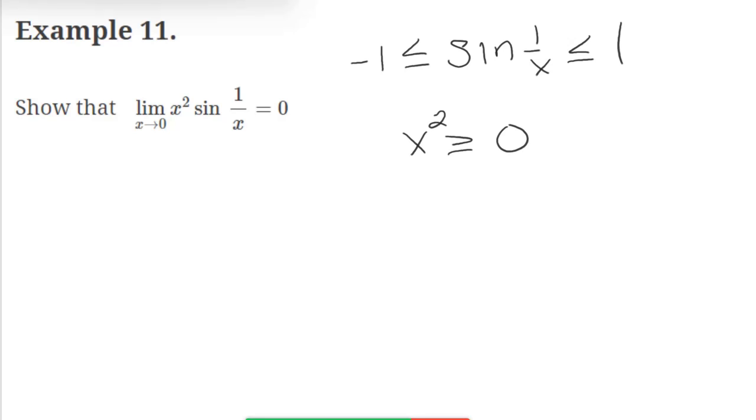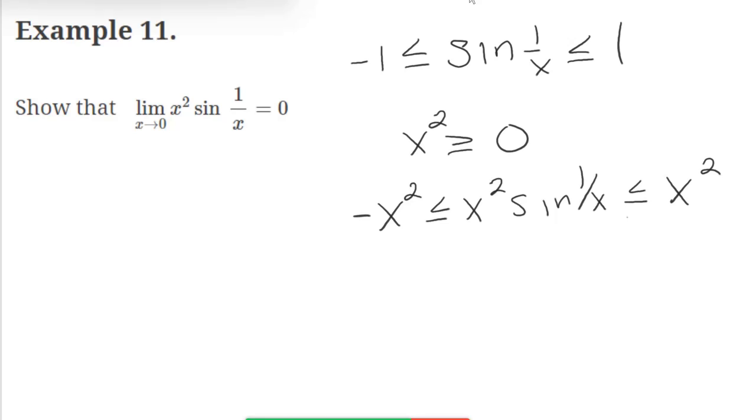If I take this problem up here and I multiply all three pieces by x squared, I get negative x squared is less than or equal to x squared sine of 1 over x, which is less than or equal to x squared.